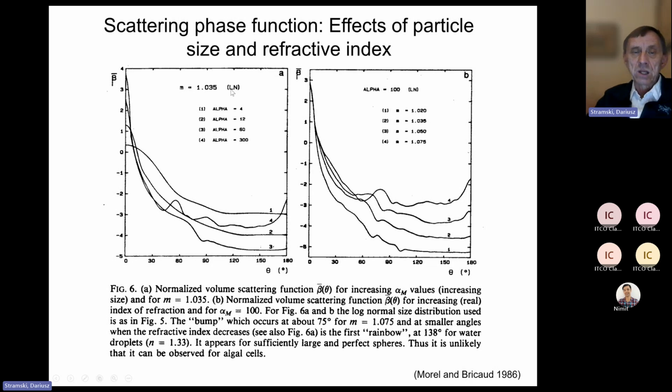The Ln means that these calculations allowed a small polydispersity, so we don't see very strong oscillations in the scattering phase functions. You may recall that if we have scattering on a single particle, then the mechanism is coherent scattering from very many dipoles that contribute to scattering at any given angle.